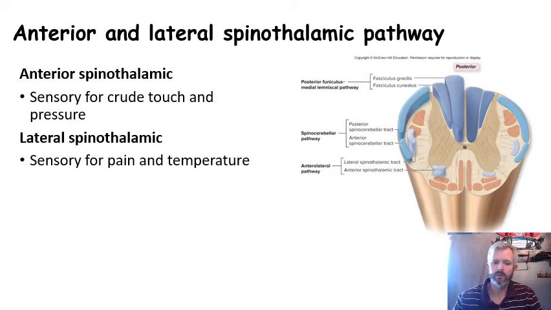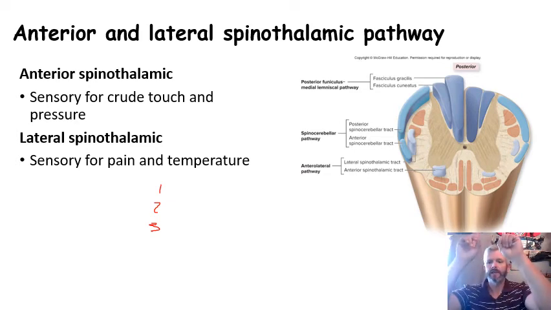We'll have a first order, second order, and most times a third order neuron that complete the pathway to get it to the specific region in the brain that it needs to go. In the case of the cutaneous information, we're bringing the information into the central nervous system, in the spinal cord, and we're going to have to carry it ascending up to the brain.